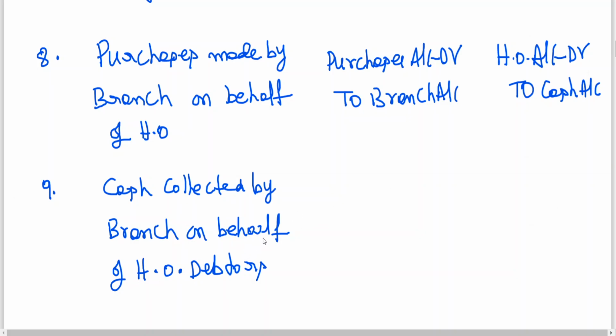If head office themselves are collecting, they write cash to debtors. Since the amount is being collected by concerned branch, the entry will be branch account debit to debtors.